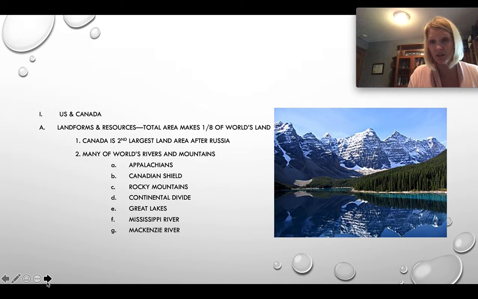India is considered a subcontinent, and it's not even quite as large as what we have in Canada and the United States. Canada is the second largest land area after Russia. Russia spans two continents, Asia and Europe, and Canada is the second largest. So Canada is a very, very massively large country.